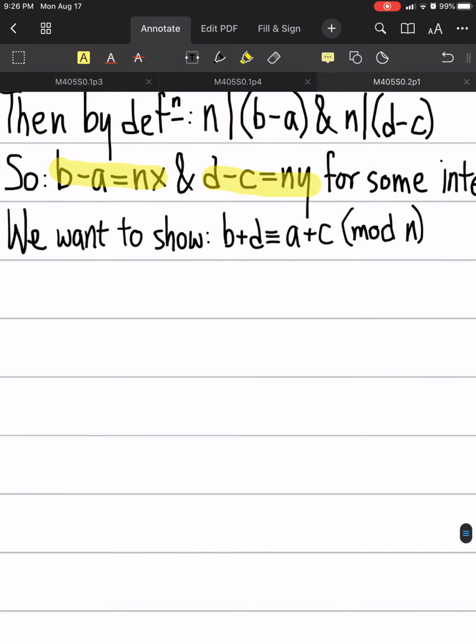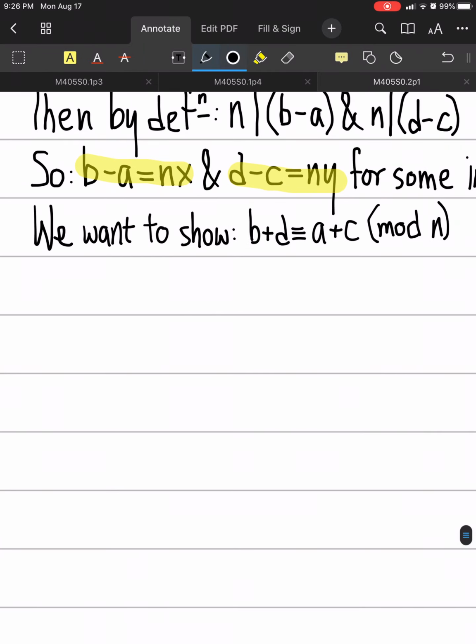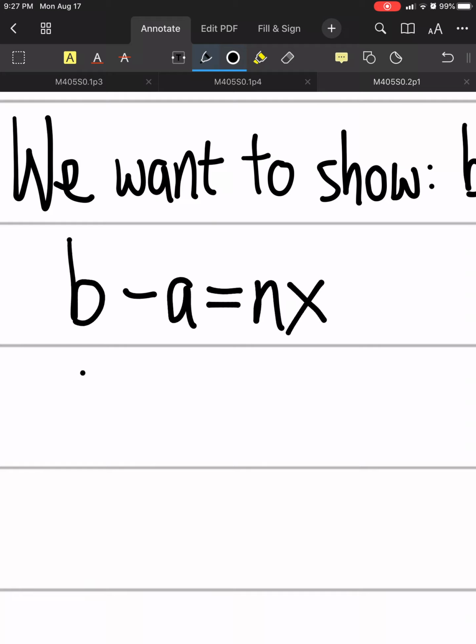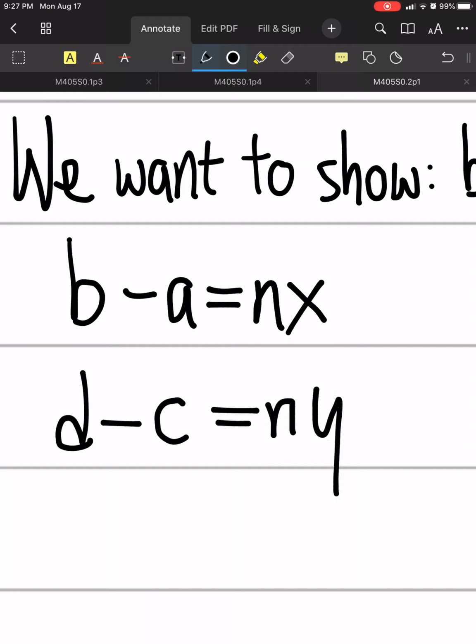Okay, so we're back. Then the next thing we want to do is write B minus A equals NX, and D minus C equals NY, and as you might have guessed, I am going to add these two together.